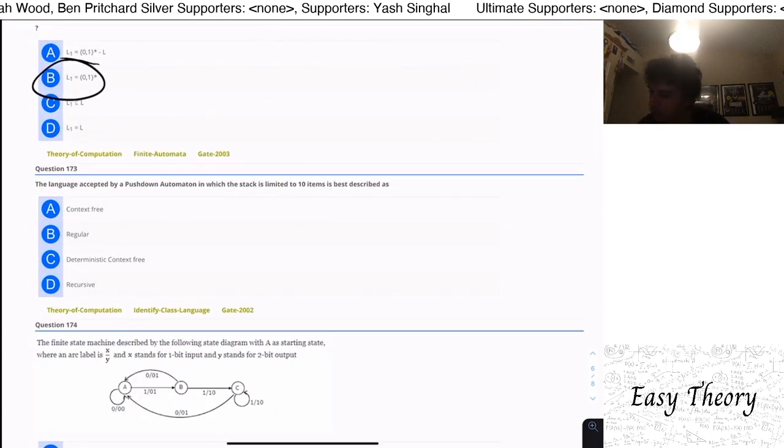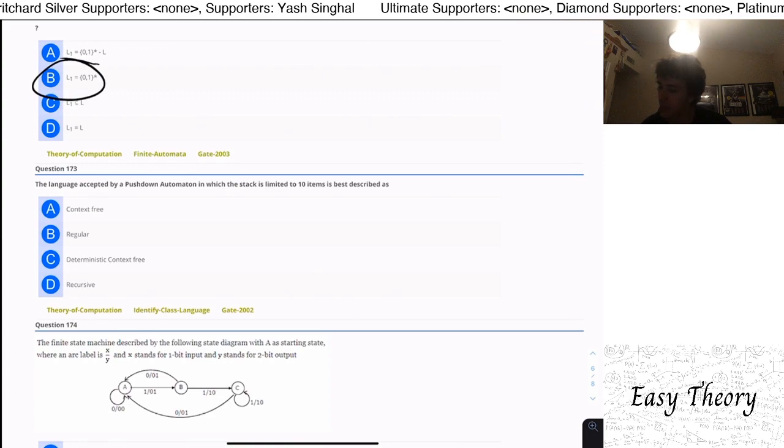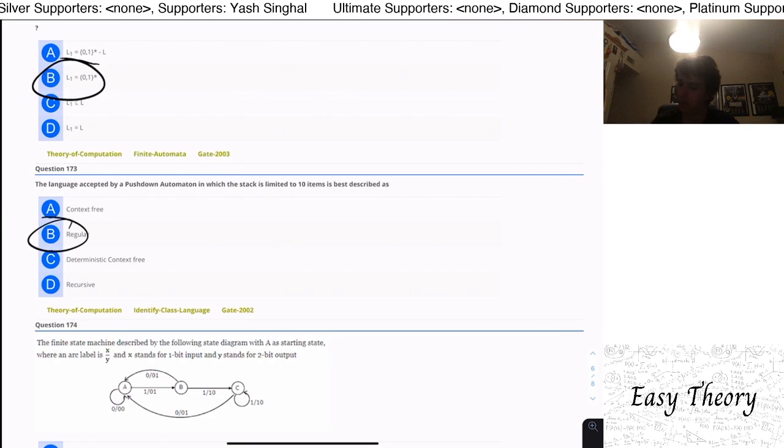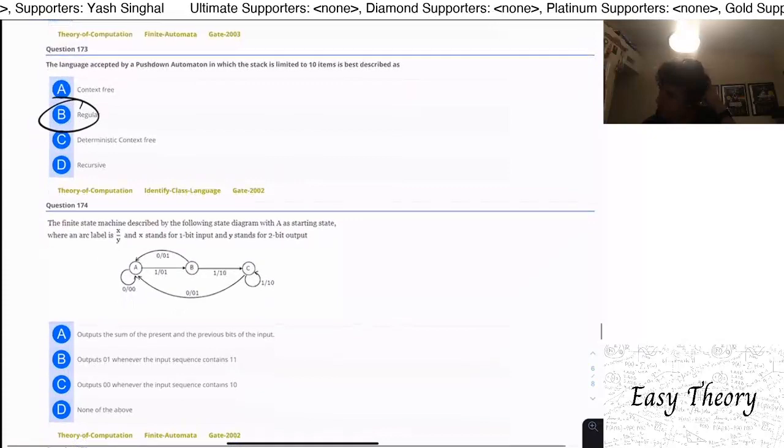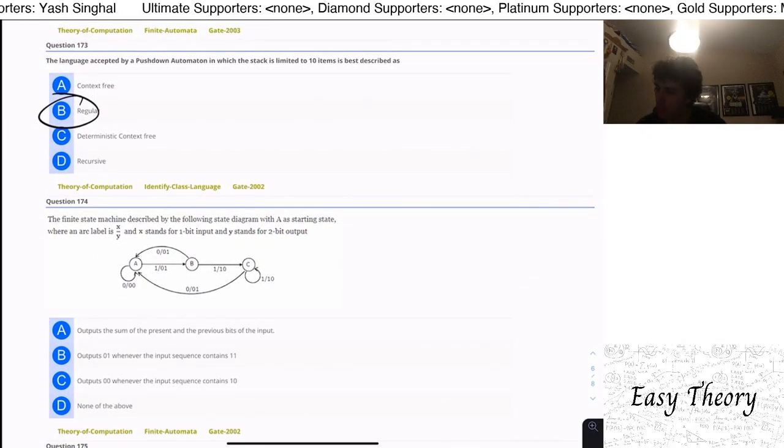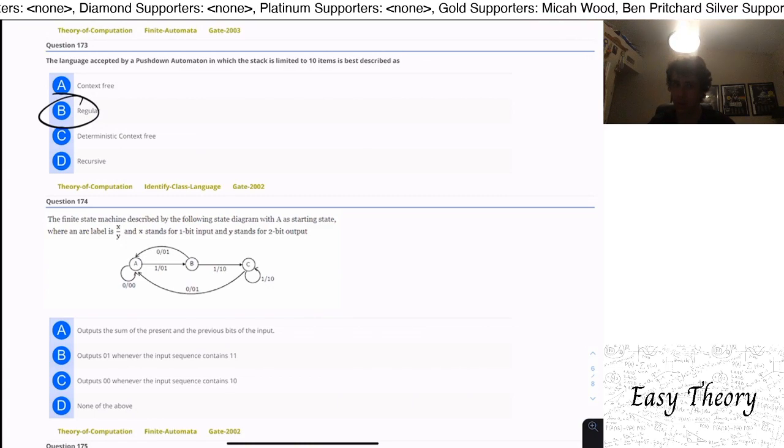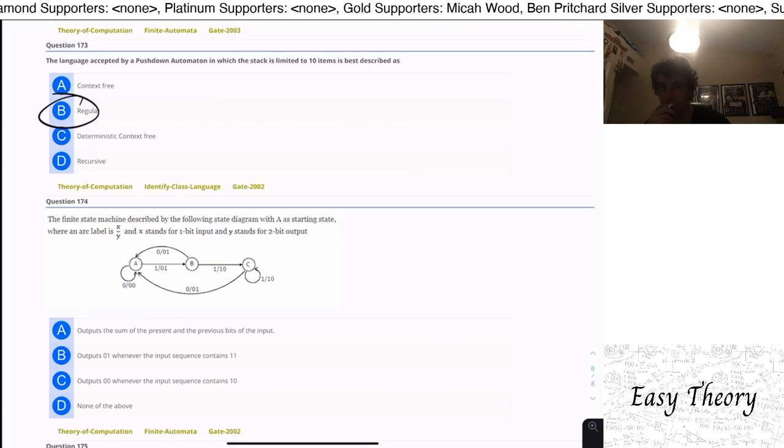The language accepted by a PDA whose stack is limited to 10 items is regular. Yep. Finite state machine. A is the starting state, where the arc label XY is 1-bit input, 2-bit output. Let's see.